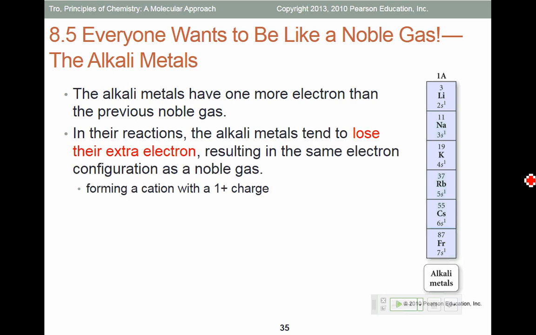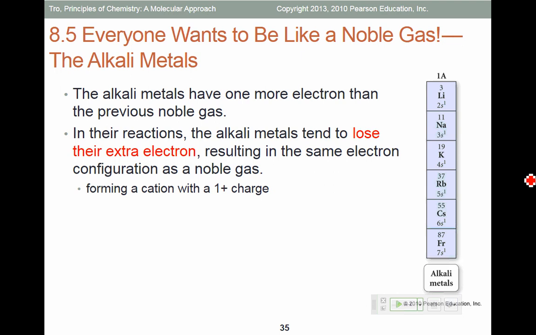So in their reactions, alkali metals tend to lose 1 electron, because if they lose their 1 electron, remember, if we map out the valence of lithium, we could put helium in our brackets, and then we have that 2s1. If we lose the electron from 2s1, it looks like helium.